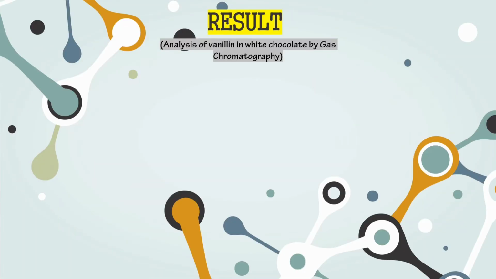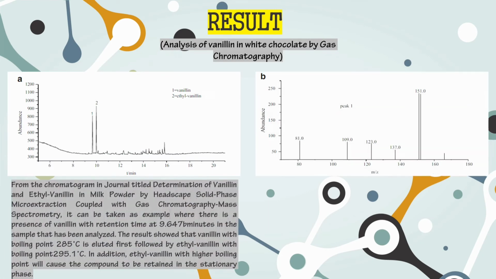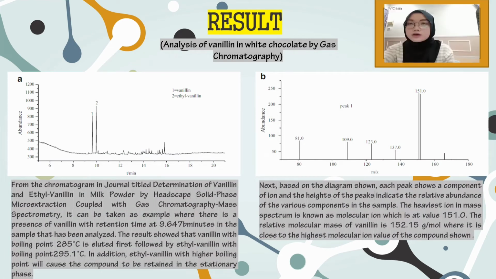Analysis result. Result for analysis of vanillin in white chocolate by gas chromatography. From the chromatogram in the journal titled "Determination of Vanillin and Ethyl Vanillin in Milk Powder by Headspace Solid Phase Microextraction Coupled with Gas Chromatography Mass Spectrometry," it can be taken as an example where there is a presence of vanillin with retention time at 9.647 minutes in the sample that has been analyzed. The results show that vanillin with boiling point 285 degrees Celsius is eluted first, followed by ethyl vanillin with boiling point 295.1 degrees Celsius.